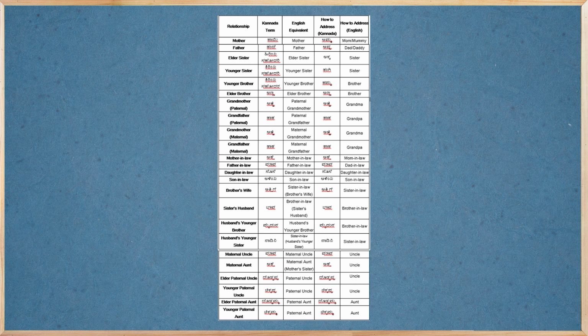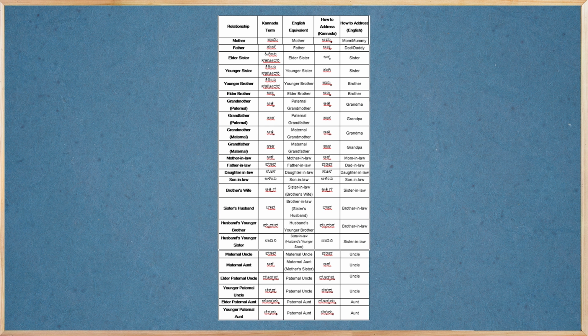Grandmother is called Ajji in Kannada and we address her as Ajji, similar to grandma in English. Grandfather is called Tata or Ajja in Kannada and we address him as Tata or Ajja, similar to grandpa in English.